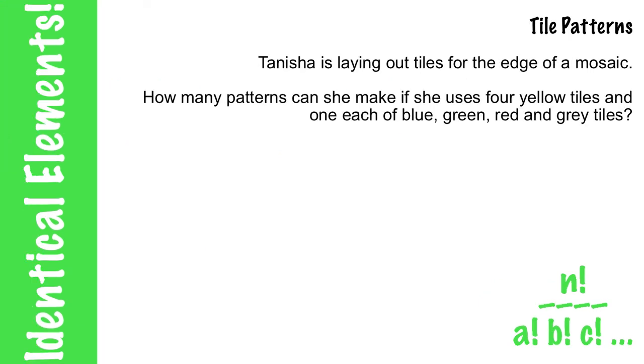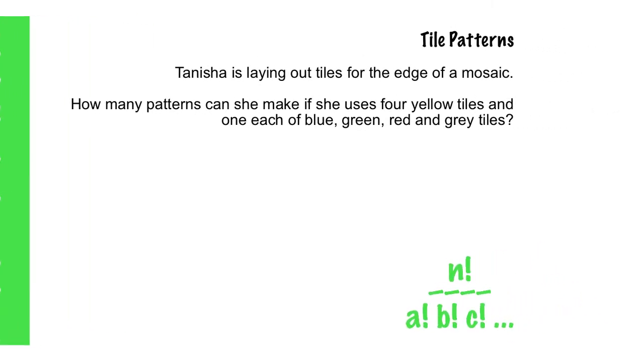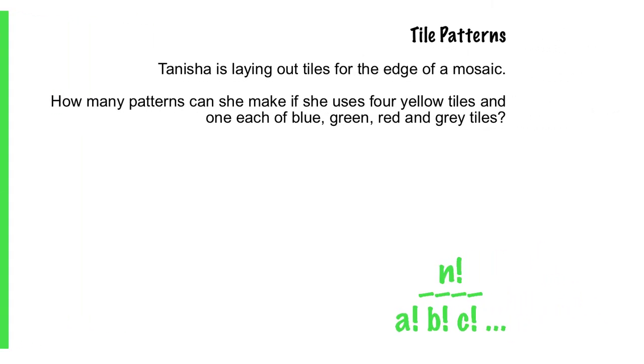Now let's look at tile patterns. So Tanisha is laying out tiles for the edge of a mosaic. How many patterns can she make if she has 4 yellow and 1 each of blue, green, red, and gray tiles? So 4 yellow, 1 blue, 1 green, 1 red, and 1 gray.